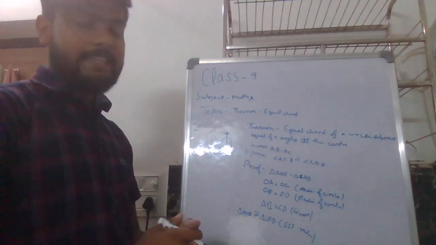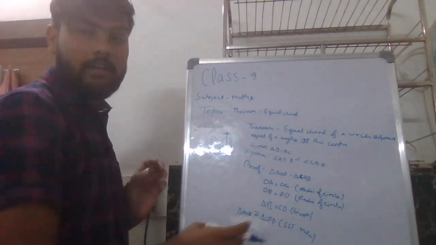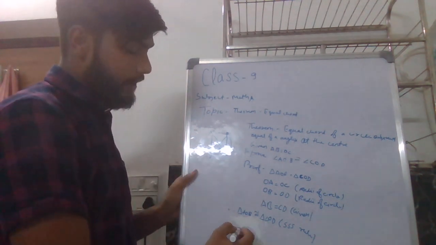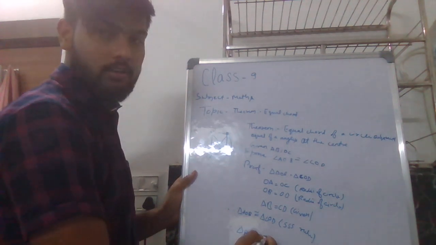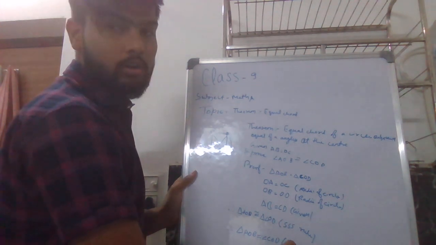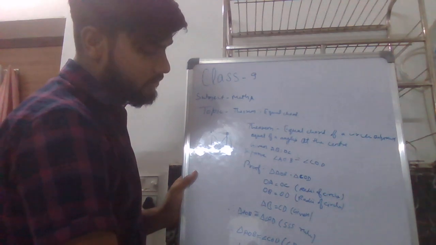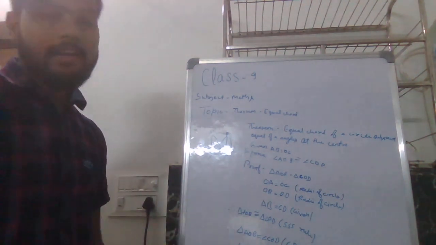After that we check which rule the angle comes under. Angle AOB is equal to angle COD by the CPCT rule. So this theorem is hence proved. I hope everyone is clear till now.